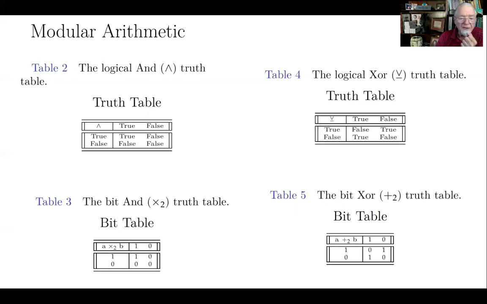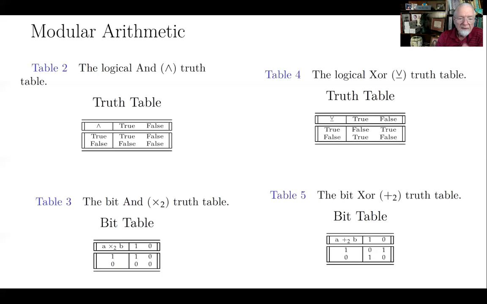We put a little 2 on the multiplication symbol, and it's the bit AND. So A times sub 2 B is the same table. 1 times 1 is 1, 1 times 0 is 0, 0 times 1 is 0, and 0 times 0 is 0.